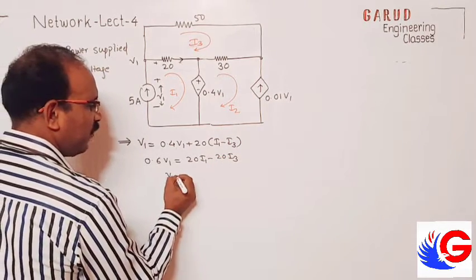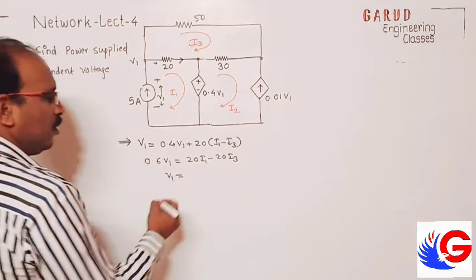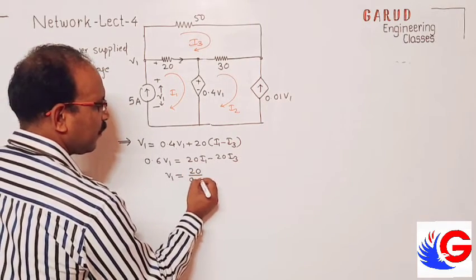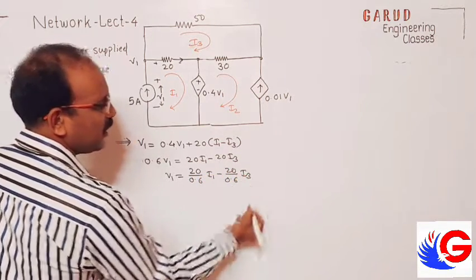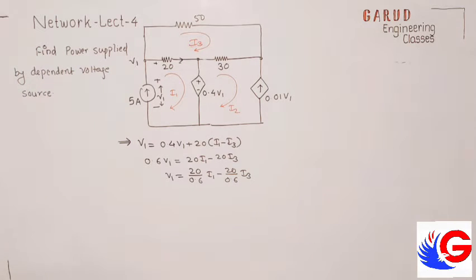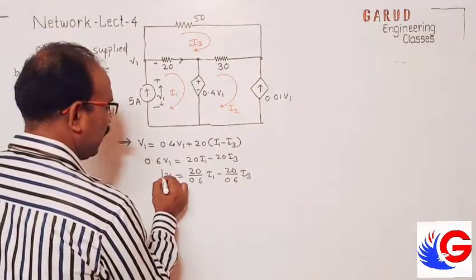So V1 equals 20 by 0.6 I1 minus 20 by 0.6 I3. 20 by 0.6 is 33 point something, so you keep this as it is. 20 by 0.6 is equal to 100 by 3. Whatever, you maintain it as it is. Correct? This is the value of V1.